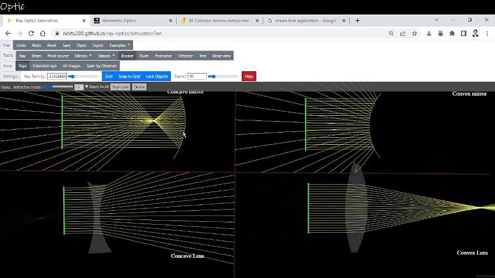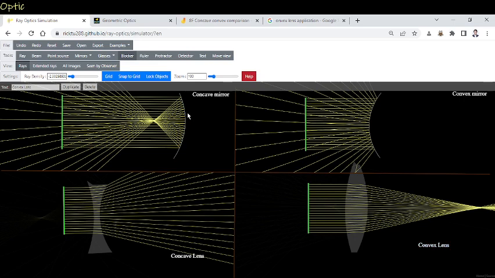Now, we can see the difference between concave and convex. In the concave mirror, the one at the top left, we can see it focuses the light into one point. And in lenses, the concept of focusing the light into one point is in the convex lens. So it's the opposite between the concave mirror and the convex lens.